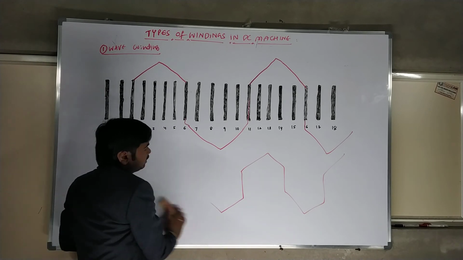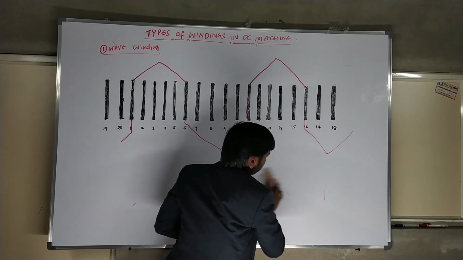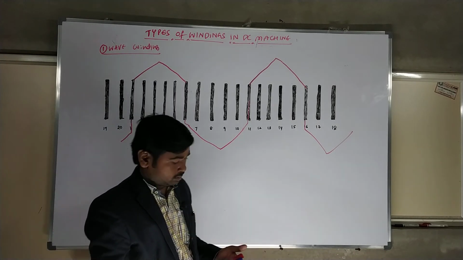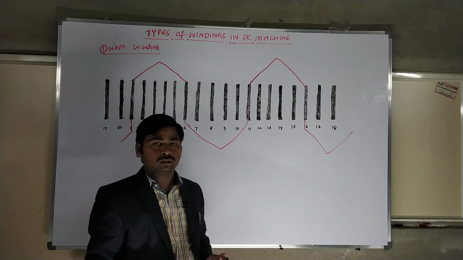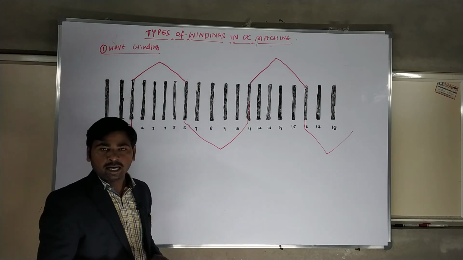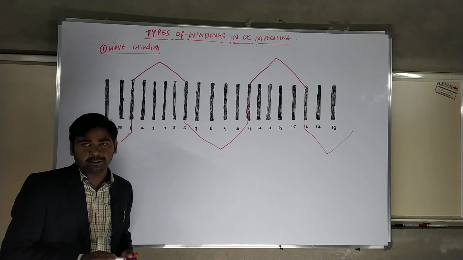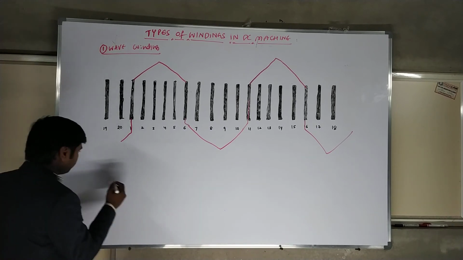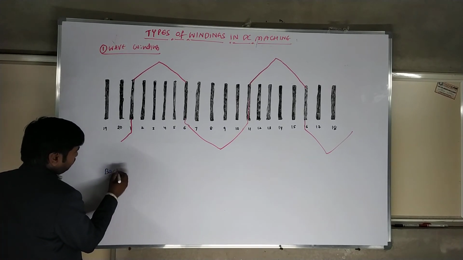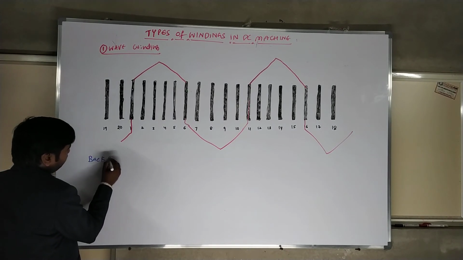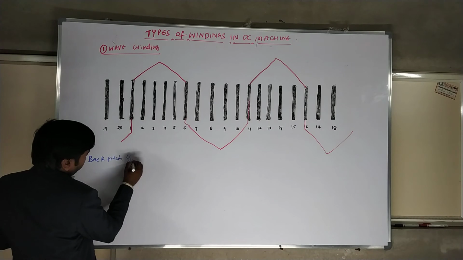In this wave winding or lap winding, to draw it, there are 3 important things: front pitch, back pitch and winding pitch. All 3 are required. What is the back pitch? I should write a definition to understand very clearly. Back pitch, I write YB.